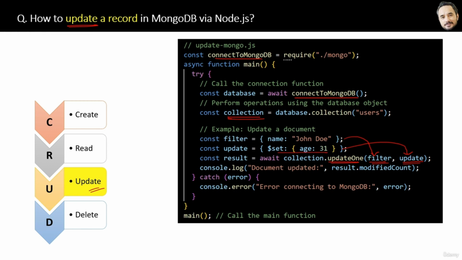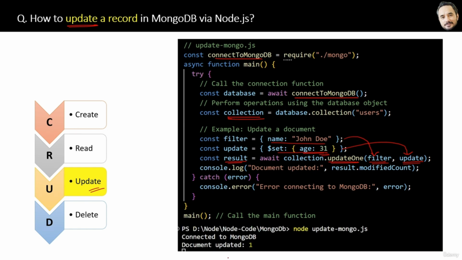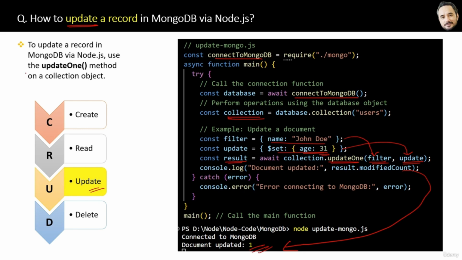So as a result, the existing document with the filter name John Doe, his age will be updated and set to 31 now. That's how the update will work. And in the console you can see one record is updated in the database. Finally, short answer: to update a record in MongoDB via Node.js, use the update one method on a collection object.